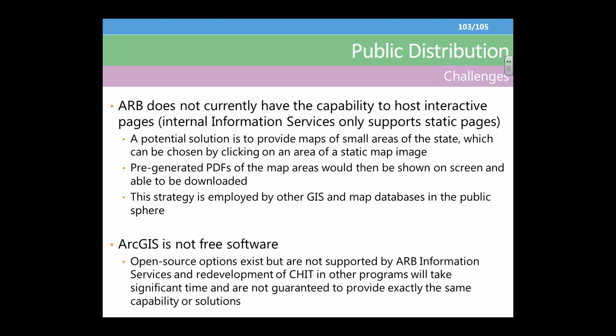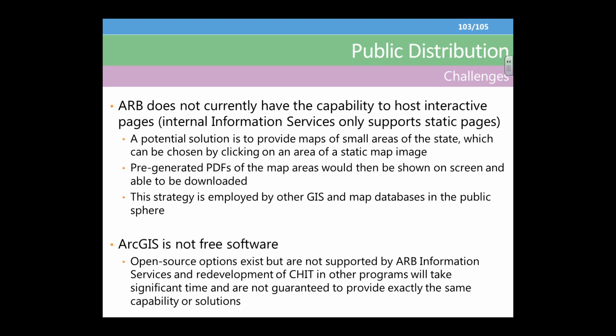That might take us a while to generate, but it technically could be done. It's been done for other programs in other agencies for the state. So that's one potential solution, at least until and if we can get an interactive map available online. But we are working on that. We're trying to get that in place.